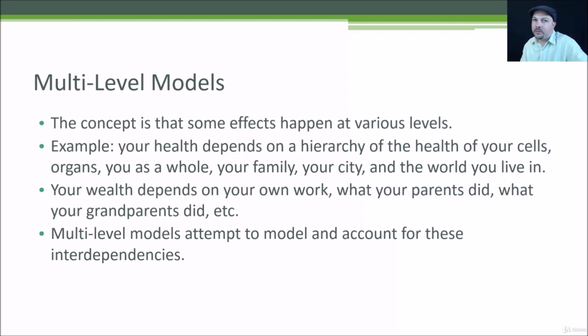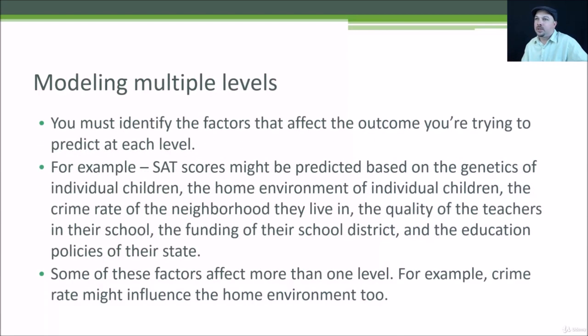Now the challenge in multi-level models is to try to figure out, well, how do I model these interdependencies? How do I model all these different effects and how they affect each other? You see it a lot in healthcare, by the way. So the challenge here is to identify the factors at each level that actually affect the thing you're trying to predict.